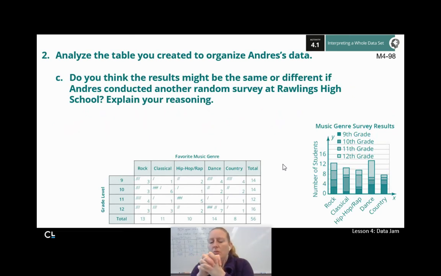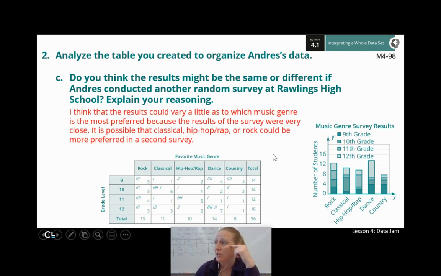Do you think the results might be the same or different if Andre conducted another random survey at Raleigh High School? I think they could vary a little, right? We only got 56 students to respond. If we tried to get more students to respond, it could make the data vary a little bit. I say that because these results were close: 13, 11, 10, 14, 8.